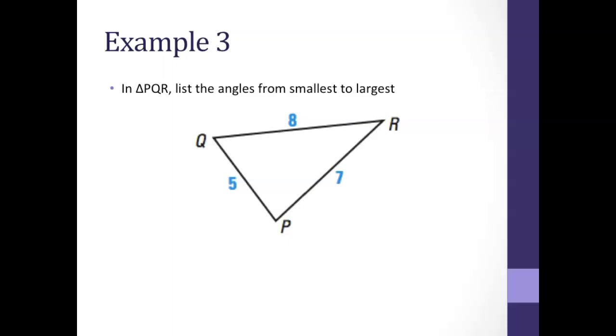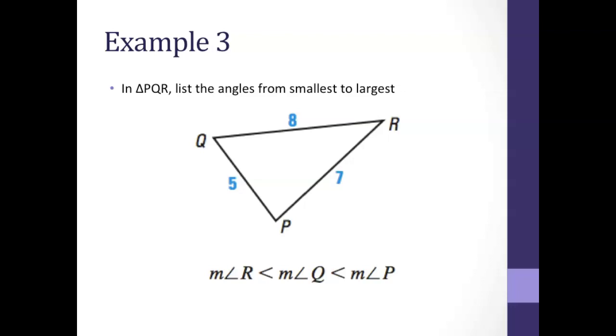Then we go to the side that's marked 7, that's PR, and across from that is angle Q, so angle Q would be next. Lastly, we have the side that says 8, which is QR, and that's opposite angle P, so angle P must be the largest. So the measure of angle R is less than the measure of angle Q, which is less than the measure of angle P.